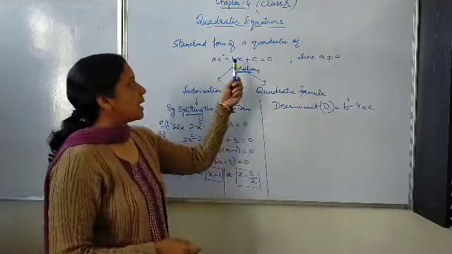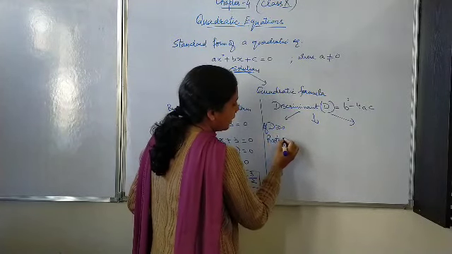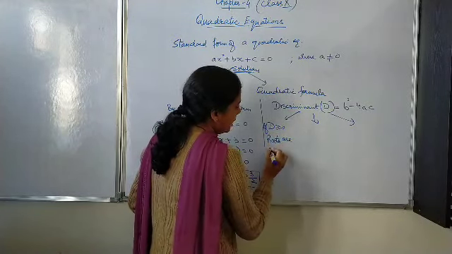If D is greater than 0, roots are real and distinct. This is the nature of roots which we can get to know without solving for the roots. This is the quality of this quadratic formula.